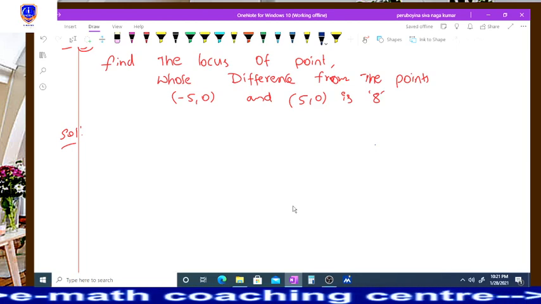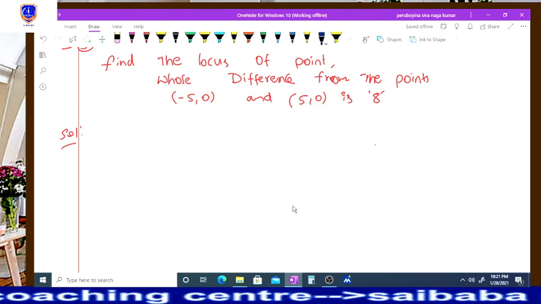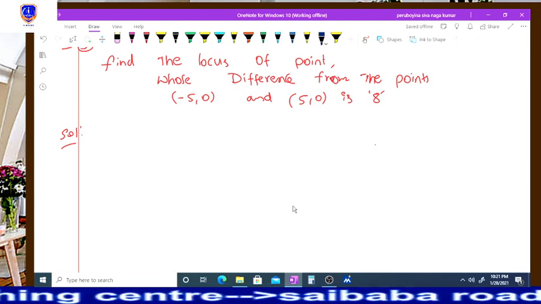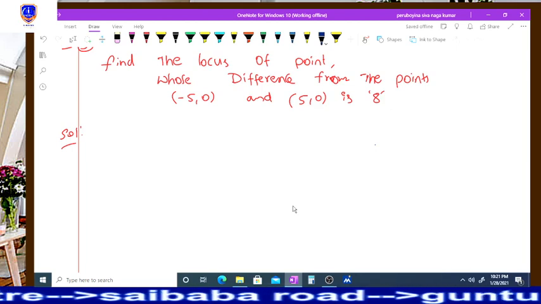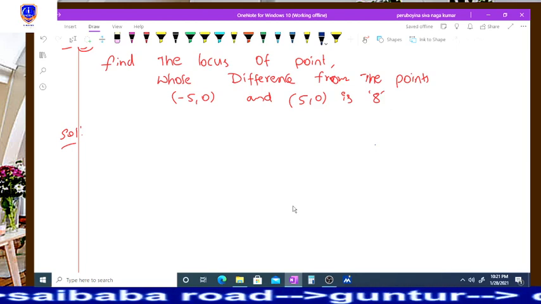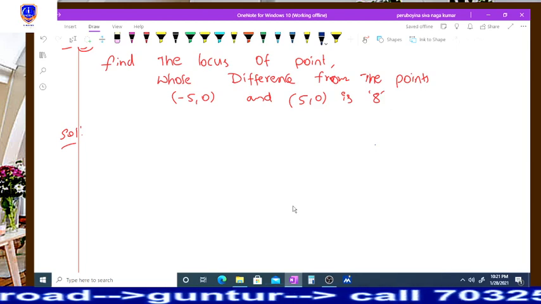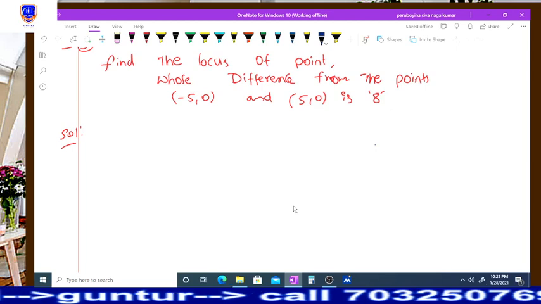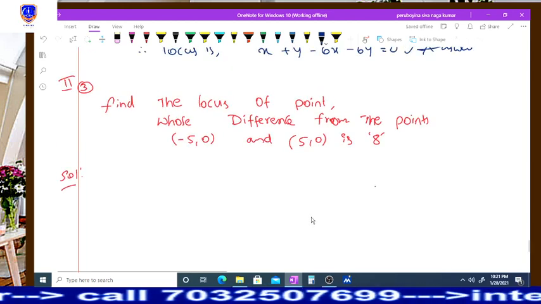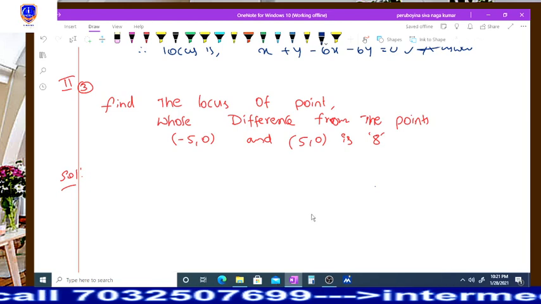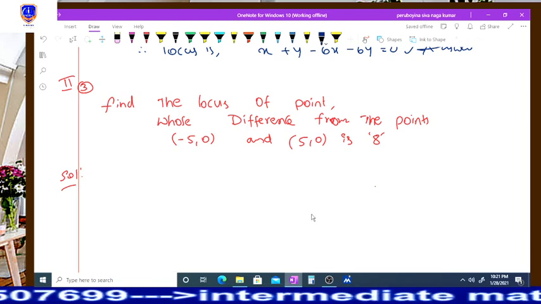For intermediate. In this video, we are discussing the topic locus, which is in the part of mathematics, part B. Take a look at the question. This is from the Academy textbook for both states, Andhra Pradesh and Telangana.